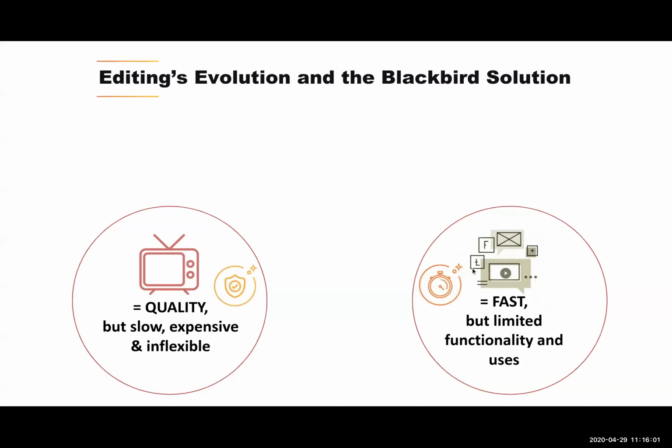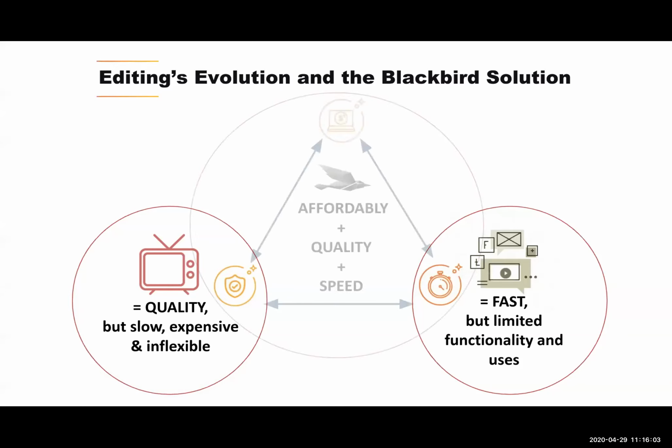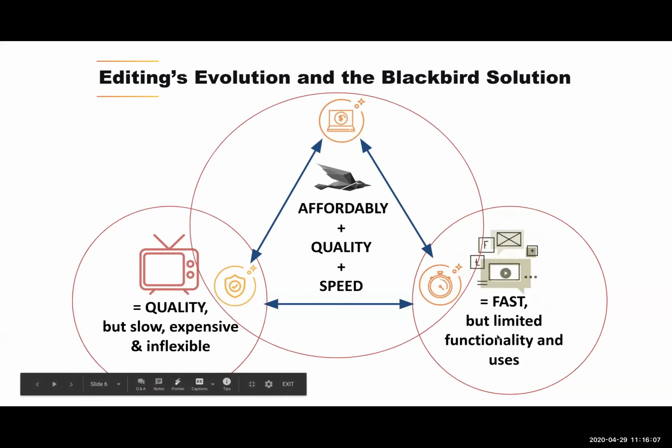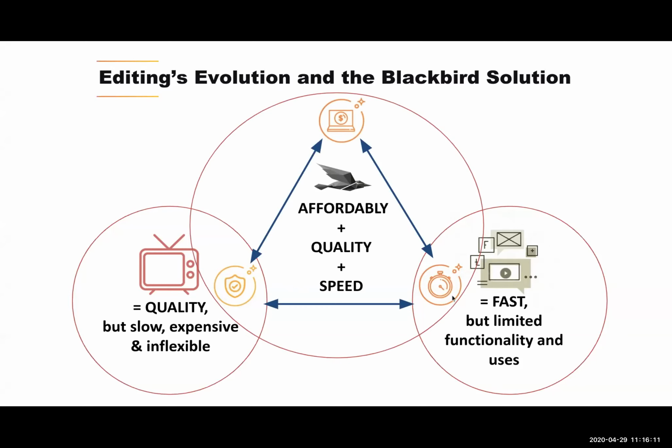The beauty of the Blackbird codec is that it joins these two worlds together. It allows you to not only do production at speed with great quality, but also to do it with high resolution assets and distribute out to any kind of platform that you might like, and to do it affordably.